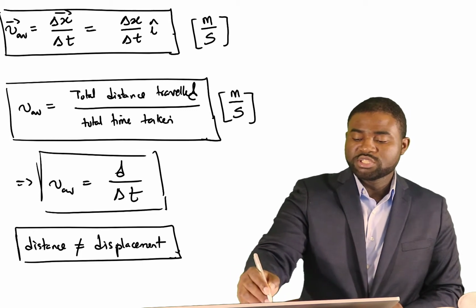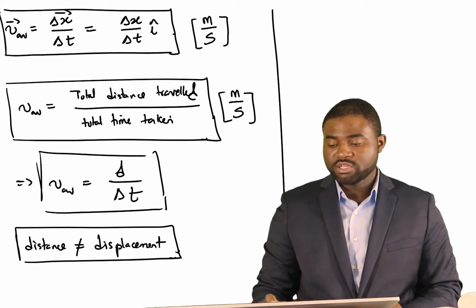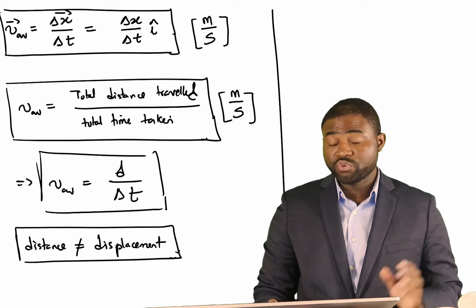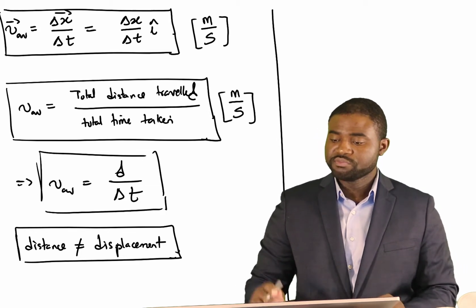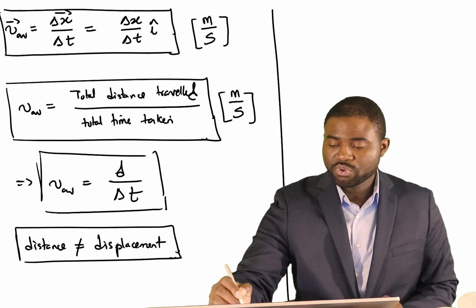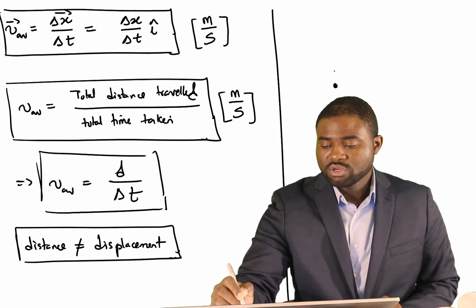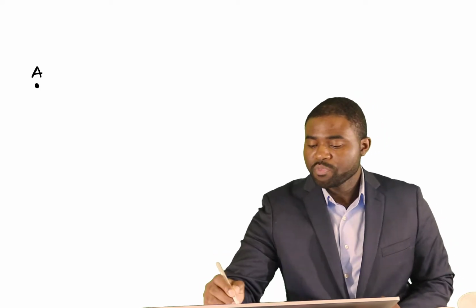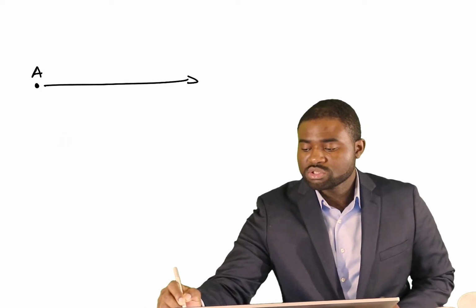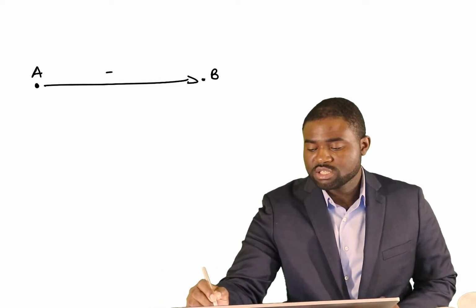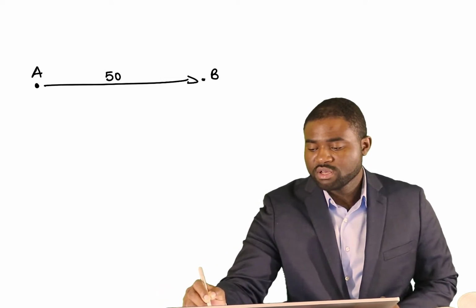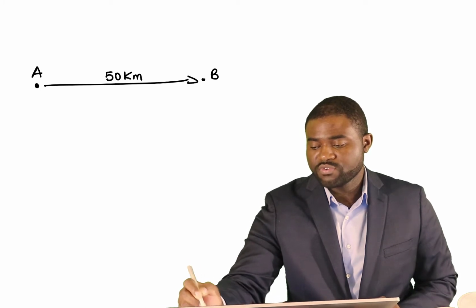Now, a simple example that I can give to differentiate between average velocity and average speed is as follows. Let's suppose that John is initially at town A. He walks to town B, and let's say that the distance between A and B is 50 kilometers.